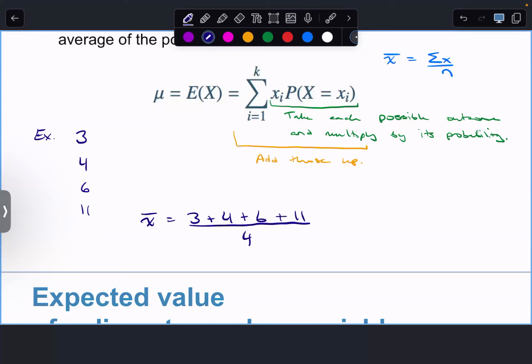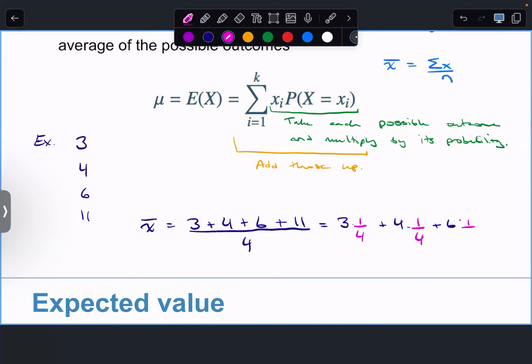What are we technically doing? Technically, you're saying they each have the same probability of happening, 1 in 4. So really what you're doing is you're saying 3 times 1 over 4 plus 4 times 1 over 4 plus 6 times 1 over 4 plus 11 times 1 over 4.